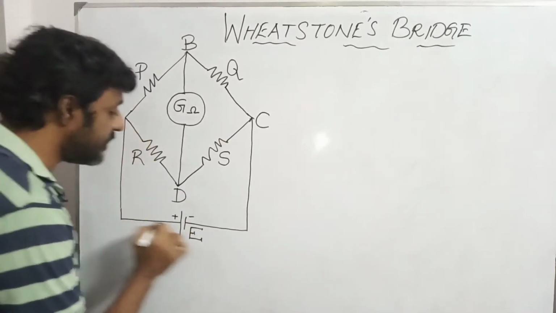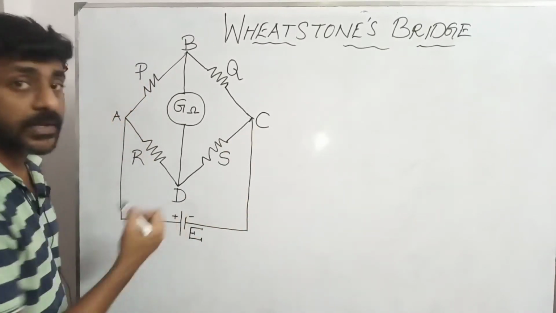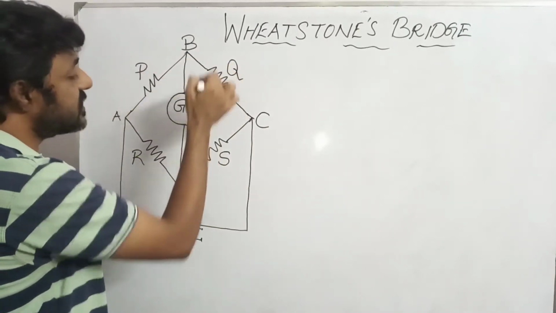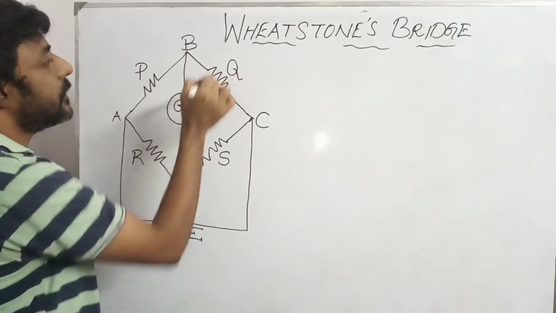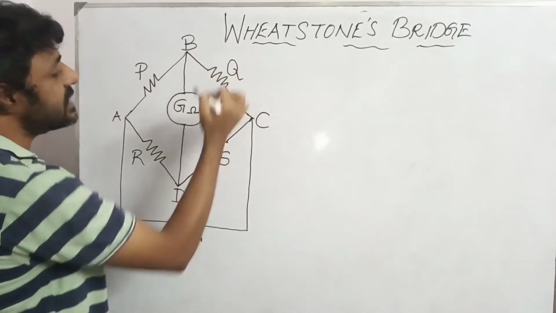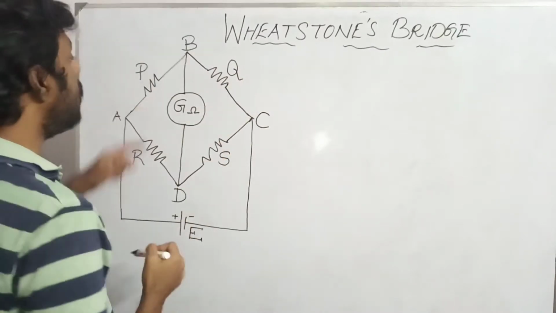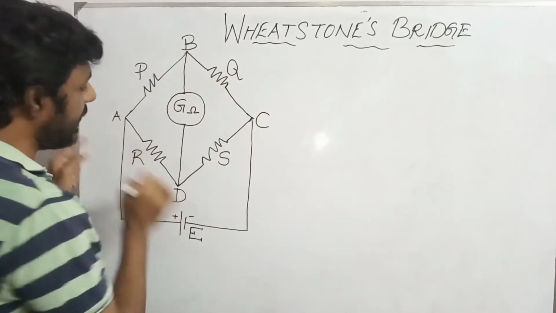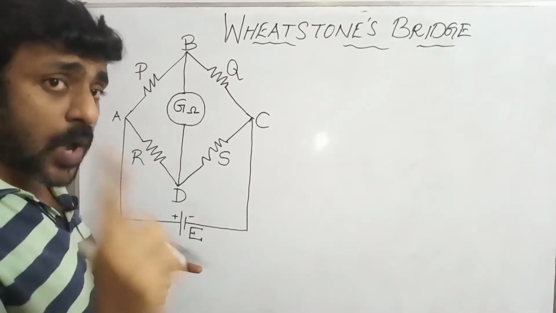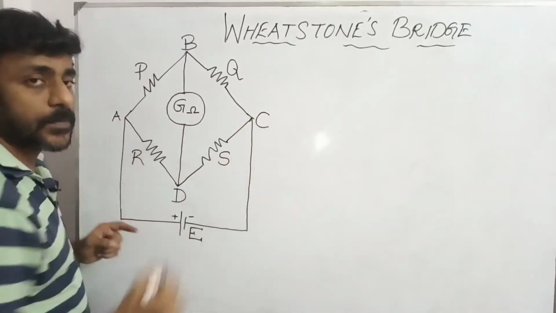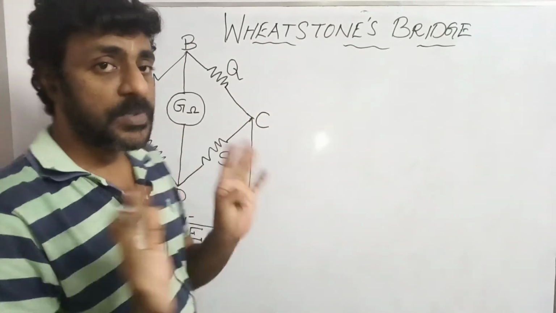Similarly, these other arms have resistors connected in their lines, so we call them resistor arms. So we have 4 resistor arms, AB, BC, CD and AD, and we have one battery arm, that is AEC, right? So this is what the setup is all about.